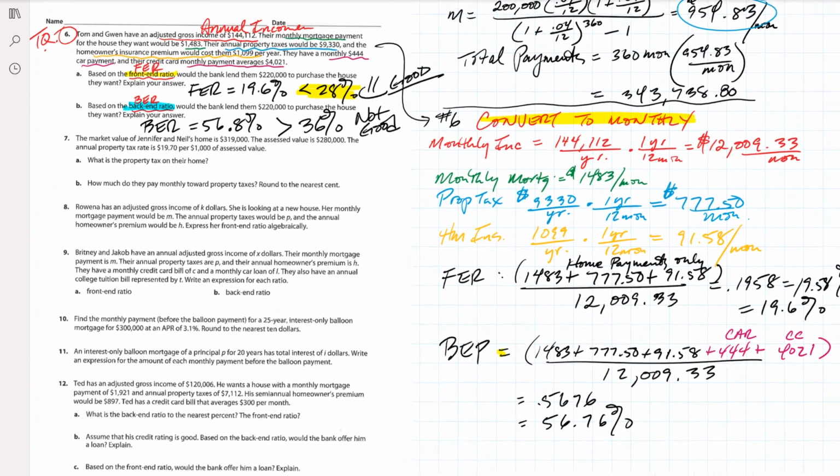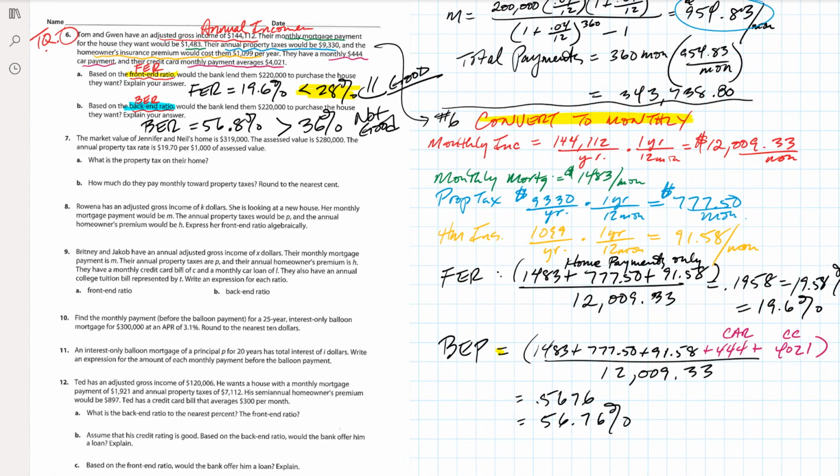So if this was you, if you were Tom and Gren, you would be denied the loan. It says, based upon the back end ratio, would the bank lend them the $220,000 to purchase the house they want? You would say no. Why? Because it's greater than 36%. Let me highlight this.